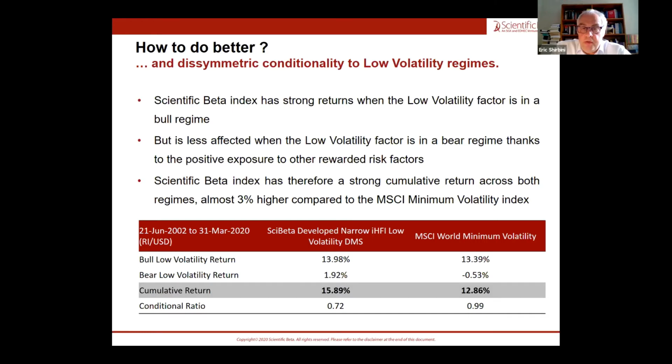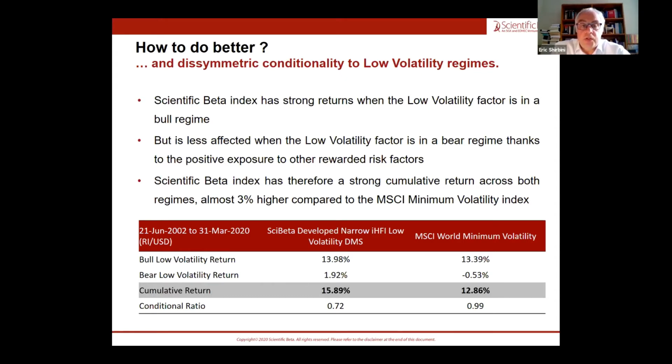So this is a very, very important feature, and this is one of the benefits of introducing this high factor intensity filter: to help us in the short term, when the low volatility factor may not be performing well. So that's addressing the first concern.